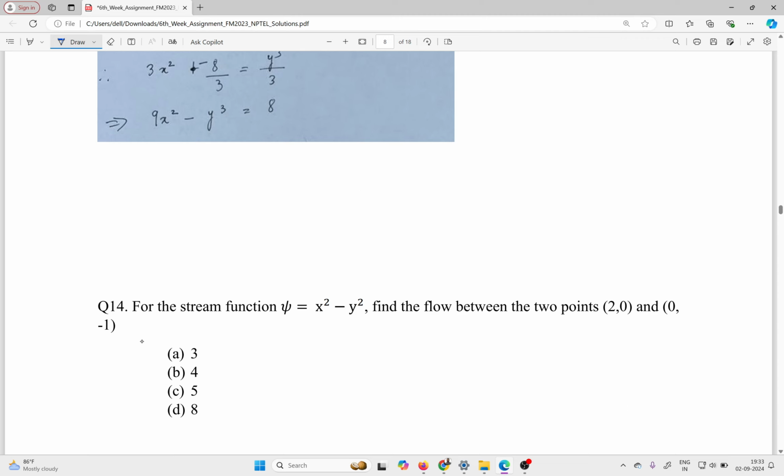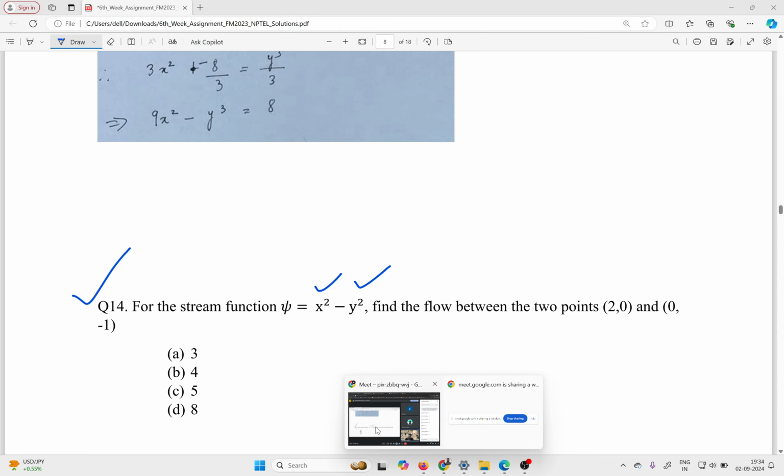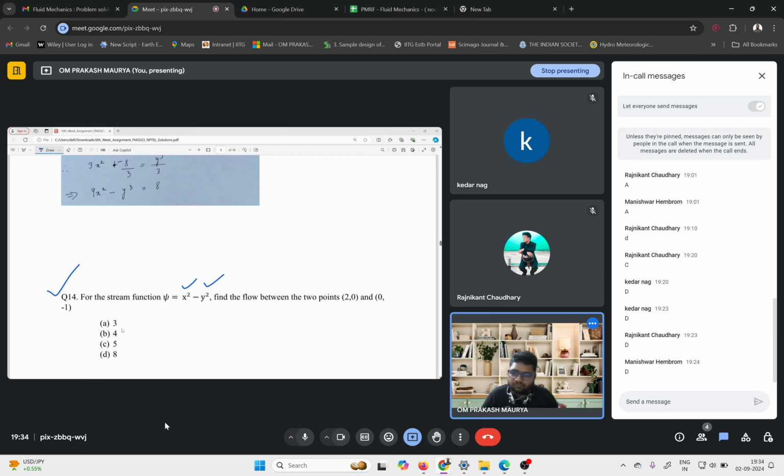Now question number 14. For a stream function phi equal to x square minus y square, find the flow between the 2 points 2 comma 0 and 0 comma minus 1. So please try to calculate for question number 14.